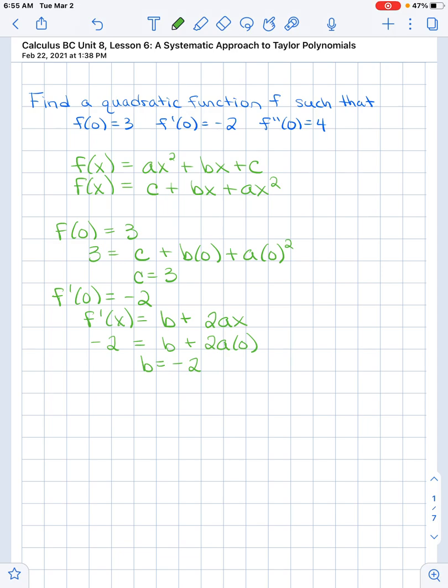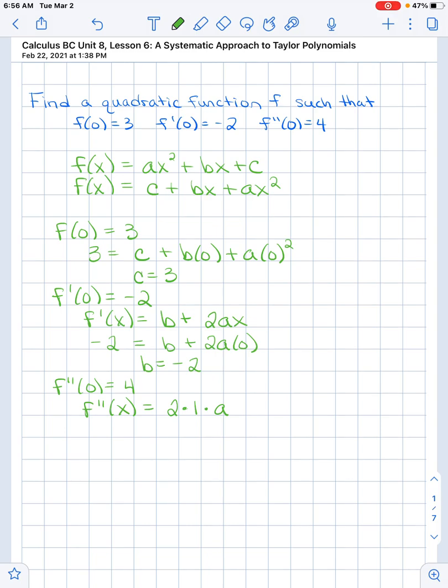Okay, let's keep going. The second derivative at 0 equals 4. If we look at the second derivative, now bear with me here, this is going to seem a little obvious to you, but the derivative of b is 0. For 2ax, I need to use the power rule. So I have 2 times 1, because that was the exponent of x, and there's a reason I'm doing this, times a.